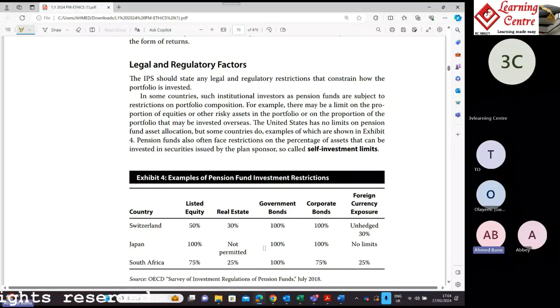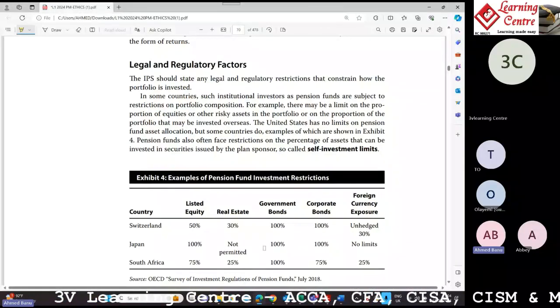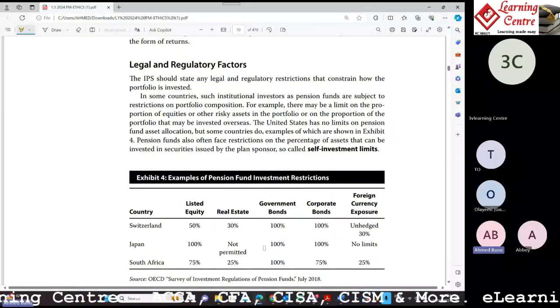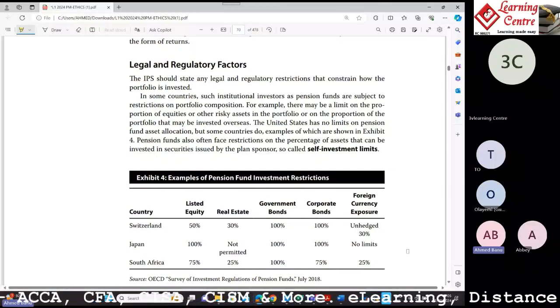For instance, if a pension fund is my client, I need to go and understand all the pension laws, because nobody will want a situation whereby I make a particular investment and the pension regulators come and tell me that this investment I have made contravenes what? Their law. And as a result of that, I have to pay a fine. So all those are things that you need to consider and see how the laws that the client is exposed to affect your ability to invest.